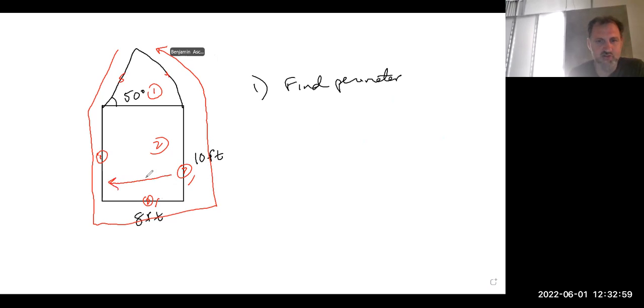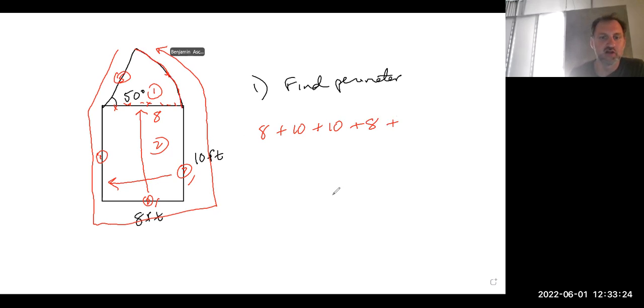Side 1 is directly across from side 3, so 8, 10, 10. This is not part of the perimeter, so don't add this in. But it's important because it's directly across from the 8. That must be 8, which means the radius of the circle is 8, which means this side is 8. So now all we have to do is get this little length here.